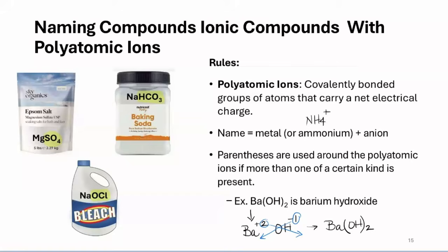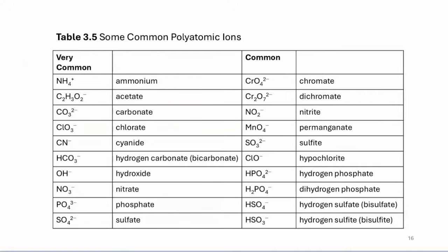Let's now practice. Let's look at a list of polyatomic ions, and then let's practice going from name to chemical formula. For this course, the most common polyatomic ions are summarized in table 3.5. You are responsible for knowing the chemical formula, the charge, and the name of the polyatomic ions.